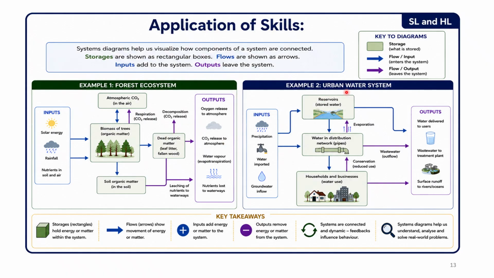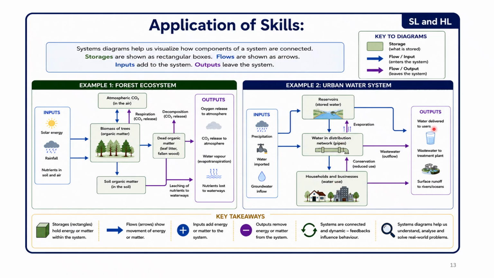The second example is an urban water system. Inputs include precipitation, imported water, and groundwater inflow. Water is stored in reservoirs, distribution networks, and households. Flows move water between these storages for domestic and industrial use.